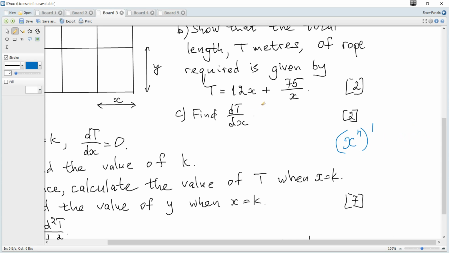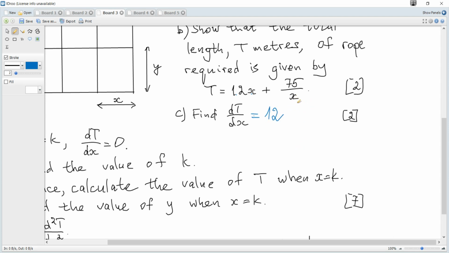The derivative of 12x: it's a constant multiplied by a function of x. The derivative is the constant multiplied by the derivative of the function, and for x to the power 1, it's 1 times x to the power 1 minus 1, which is x to the power 0, just 1. So the derivative of x is just 1, hence it's 12 multiplied by 1, so just 12.